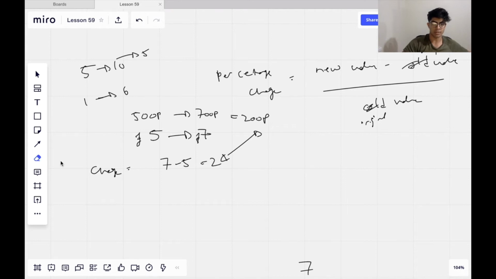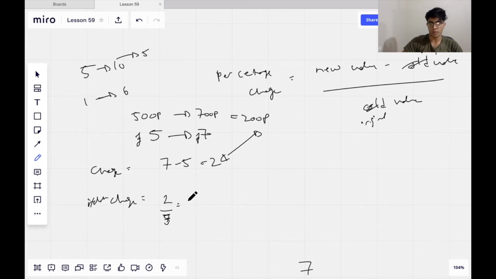If we compare this to the original value, we have 2 over 5. But this gives us, let's not call this a percentage change, let's call this a relative change.